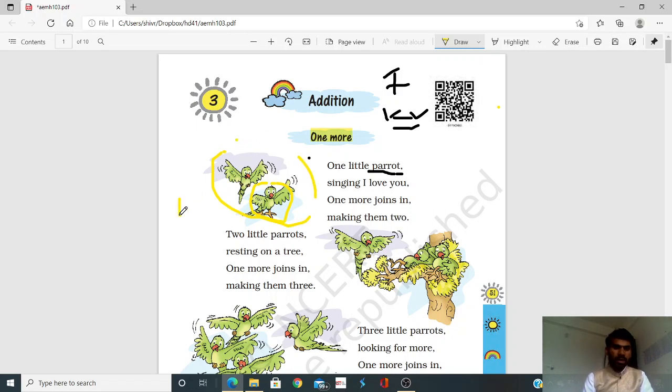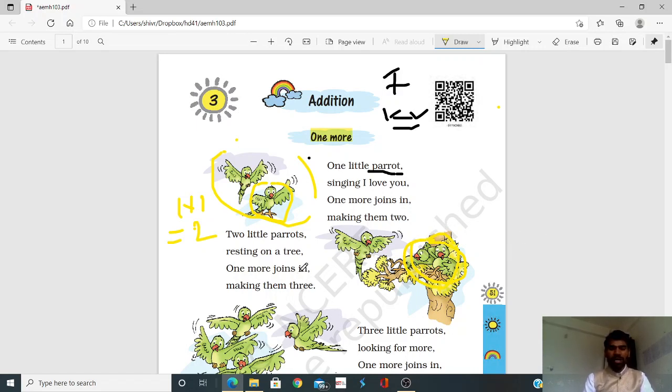1 plus 1 is equal to 2, right? Two little parrots resting on a tree. Here you can see they are resting on the tree.